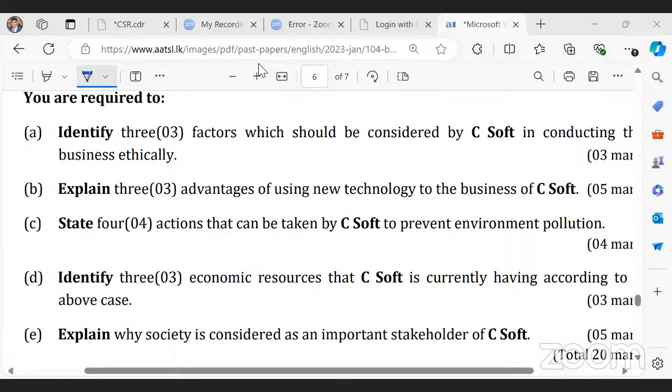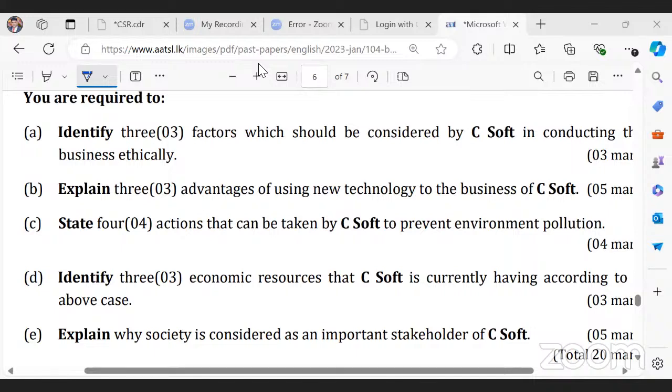Also, they can introduce their products and services continuously. They can keep engaged with their customers using social media and such collaborative technologies. That is very important, right? Out of those, then you can explain 3.